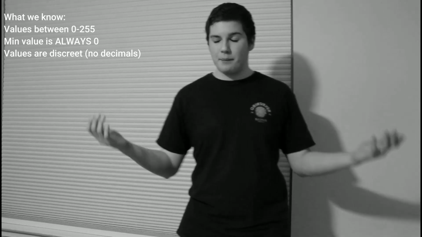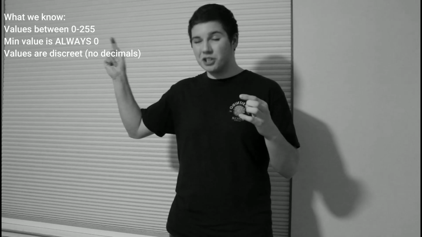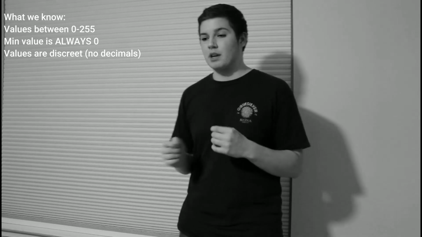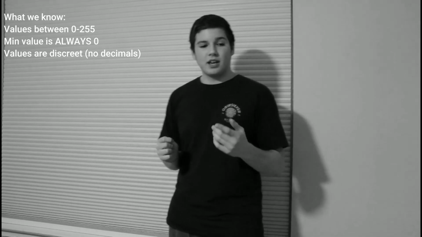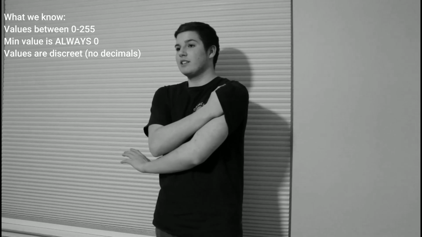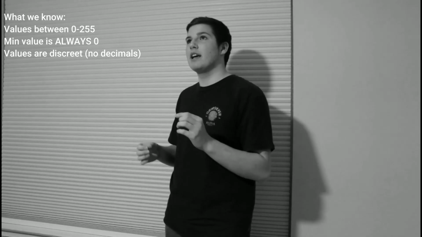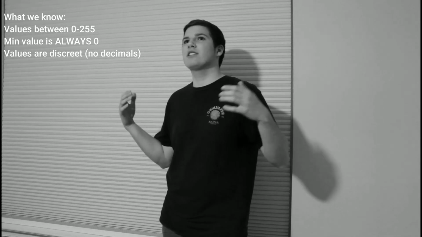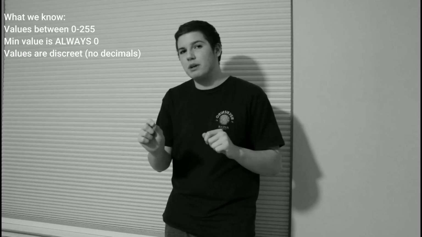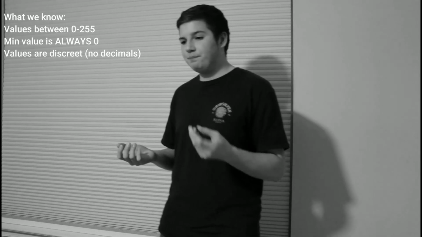So, now we know we are somewhere in between 0 and 255, and our minimum will always be 0. What we do next is we do something called normalization, where we divide this entire set by the maximum value, meaning if the highest number is, I don't know, 155, we divide every value of the frame by 155.